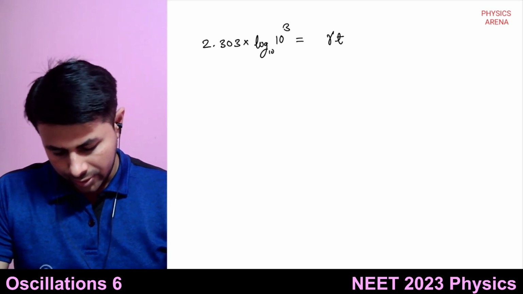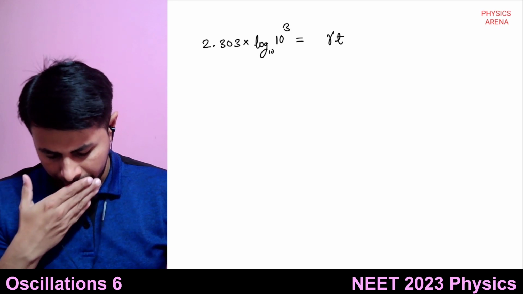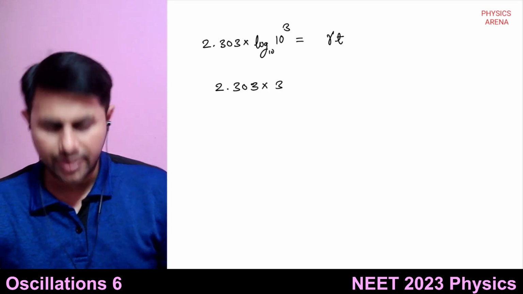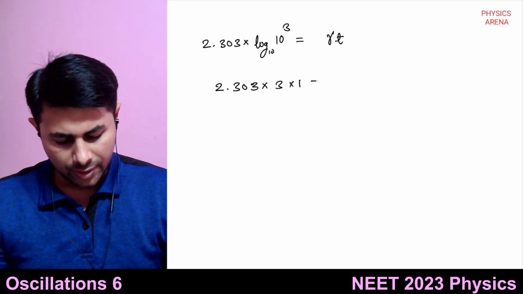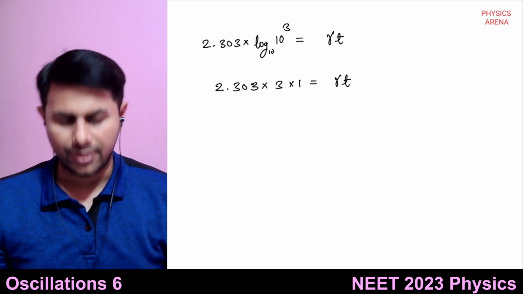So it is 3 multiplied by log to the base 10 of 10, which is 1, and that's equal to gamma t.